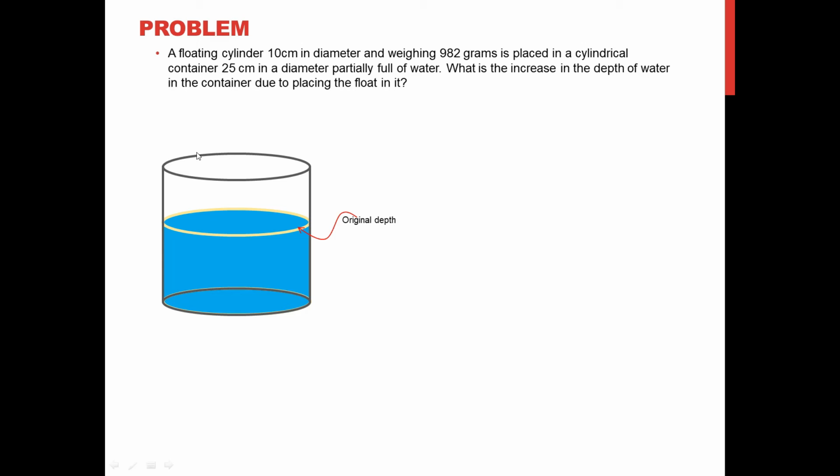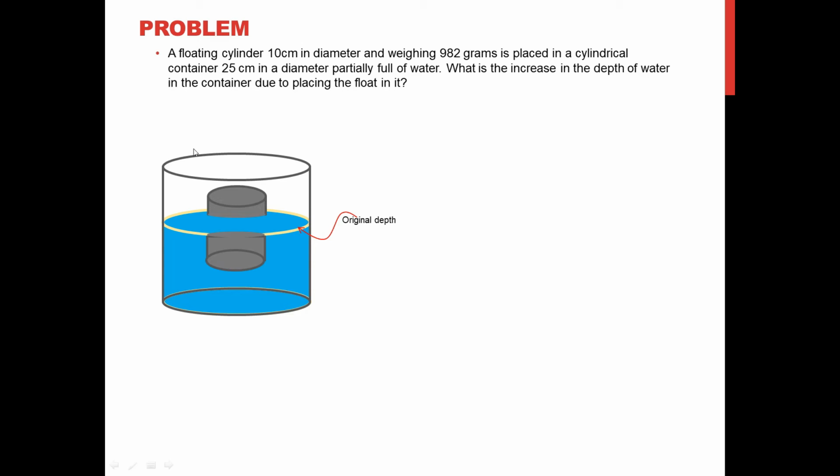First, I have to illustrate that this is my original depth. And we have a floating cylinder that is 10 centimeter in diameter. So this floating cylinder will be placed in the cylindrical container. Okay, so let us place that in here.